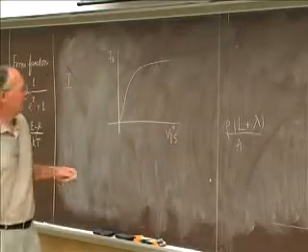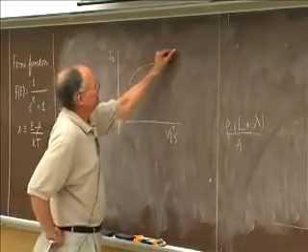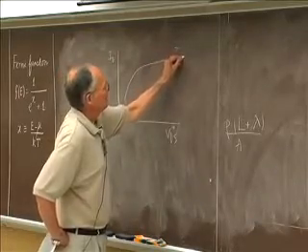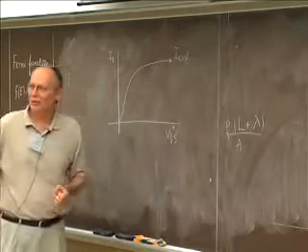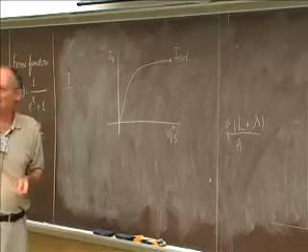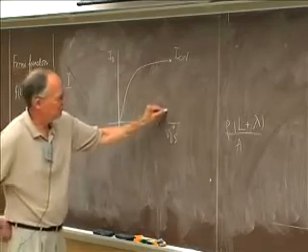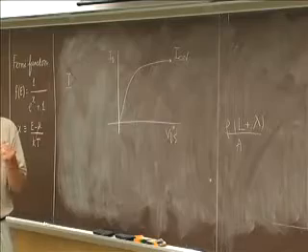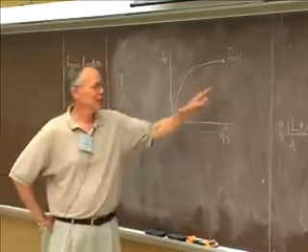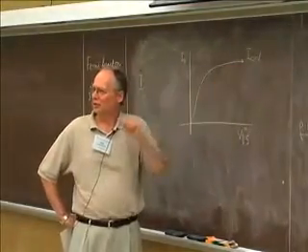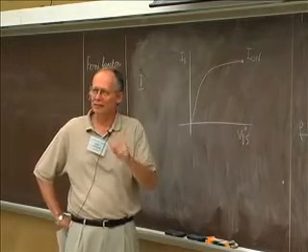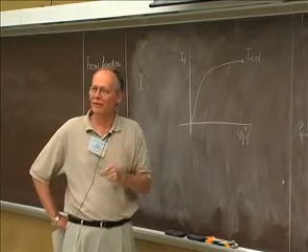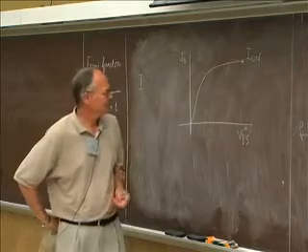When you make a transistor, people would like to have a lot of current when the device is on. So at a given voltage, as low as possible, a volt. If you could do a half a volt, it would be even better. You'd like to get a lot of current so that you can charge and discharge all of the capacitances, do the wiring and everything on the chip and run very fast.